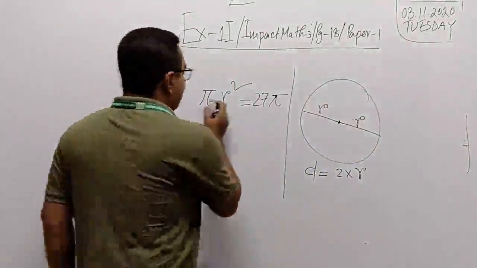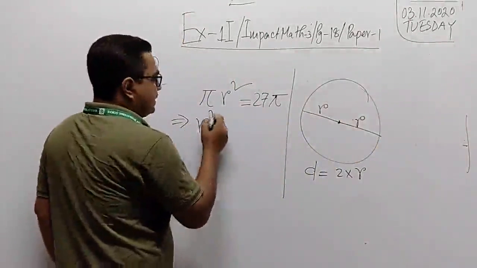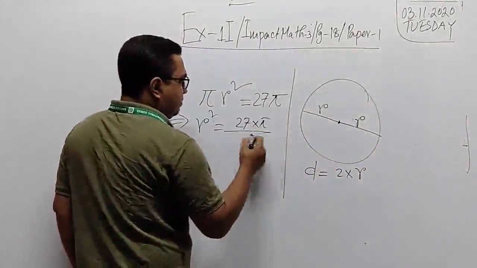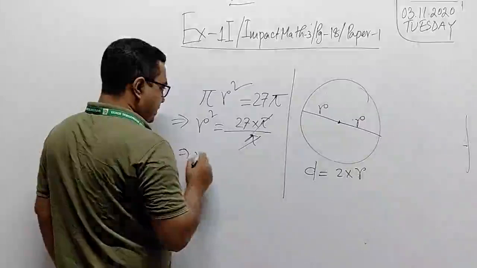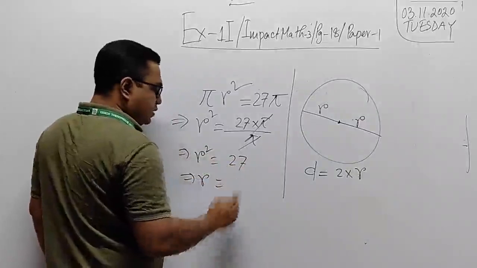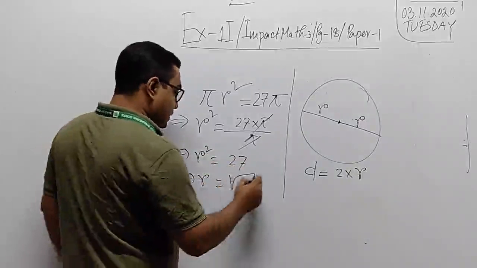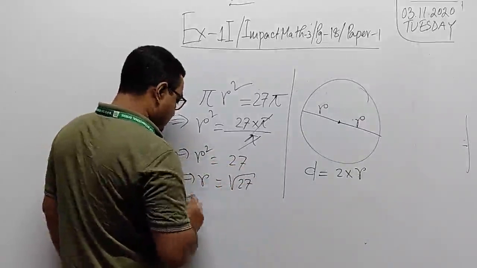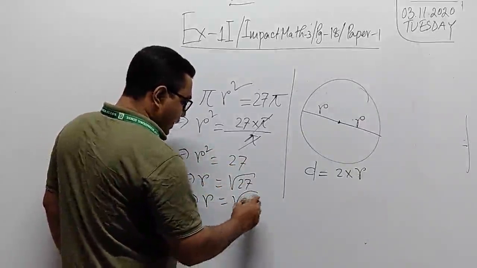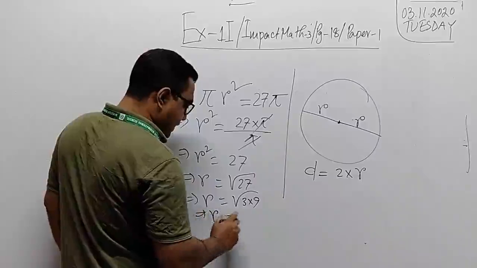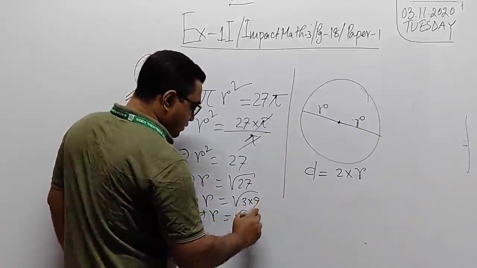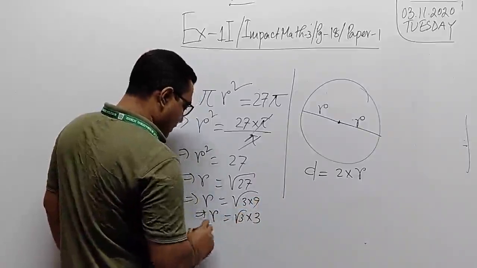Now here, if we simplify them, r square, so 27 pi divided by pi, then r square is equal to 27. r is equal to, we will take the positive number, that is why we are not taking the negative one, r is equal to square root of 3 into 9, and here square root of 9 is 3.